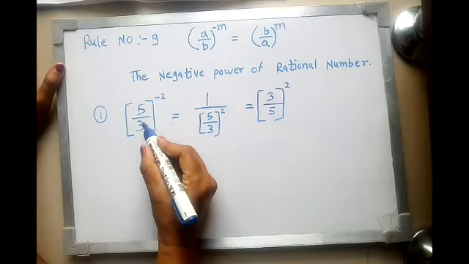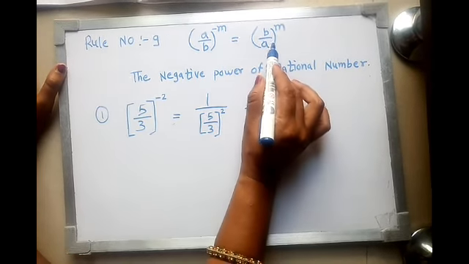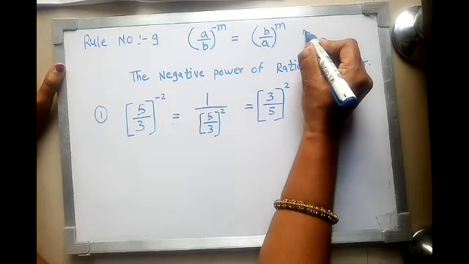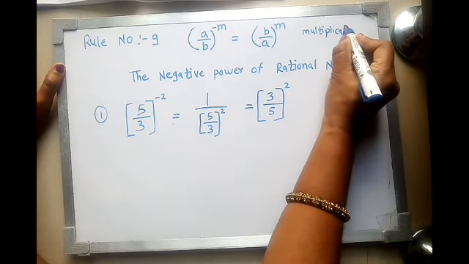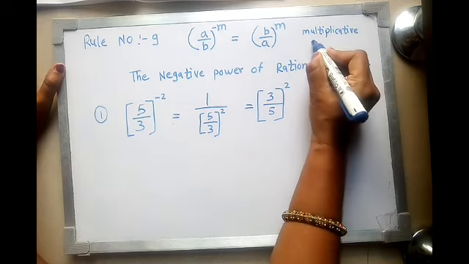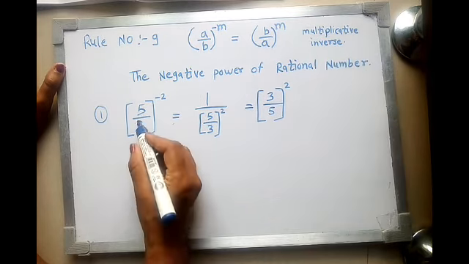Rule number 9: the negative power of rational numbers. (a upon b) raised to minus m, multiplicative inverse, (b upon a) raised to m. Here we convert into the multiplicative inverse.